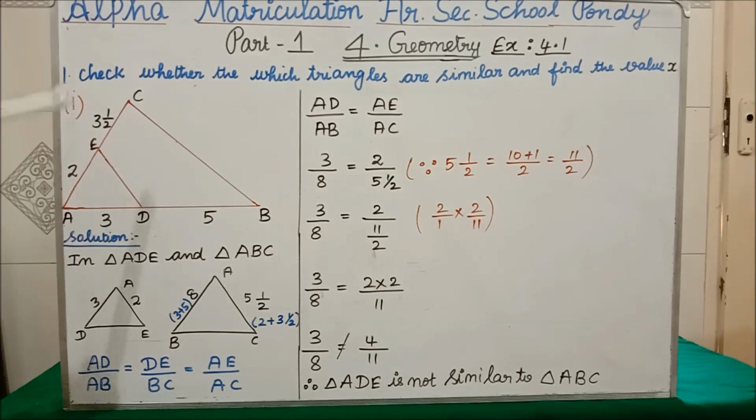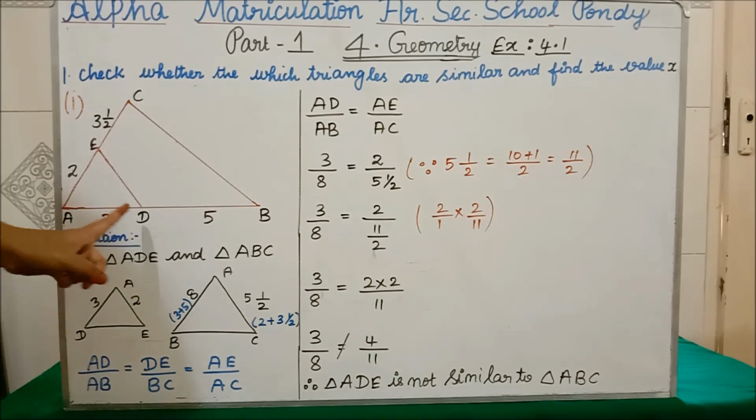If you see, this is the first question diagram. So, in this what we have been given is AE value is 2, EC value is 3 1 by 2, which means 3 and a half. Okay. Similarly, AD value is 3, DB value is 5. Everything, the values they have given in the book itself. That is your question. Okay. Now, by seeing this diagram, are you able to recognize two triangles?